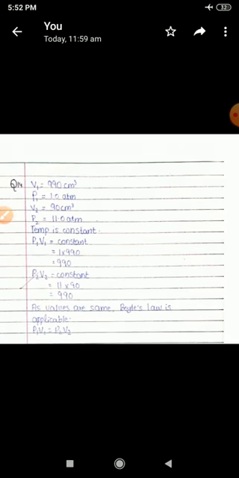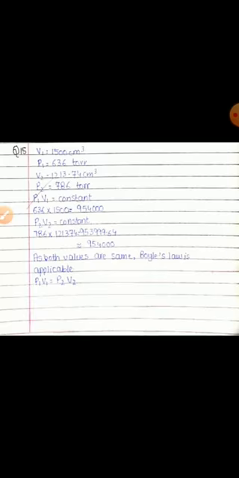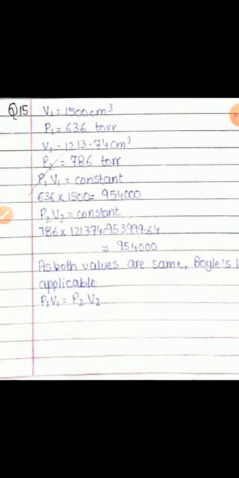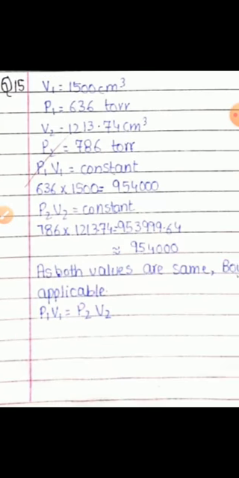Now we go through question number 15 of the review exercise. The statement of this question is: a sample of neon that is used in a neon sign has a volume of 1500 centimeter cube at a pressure of 636 torr.